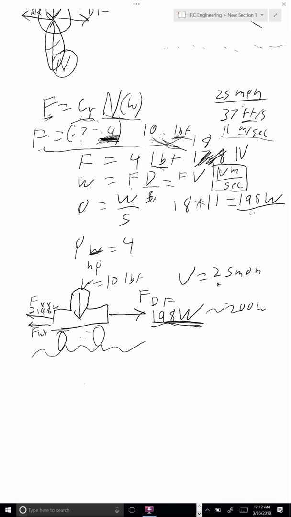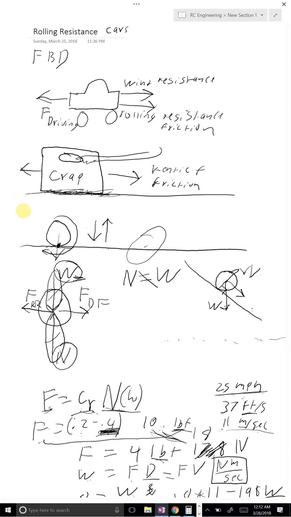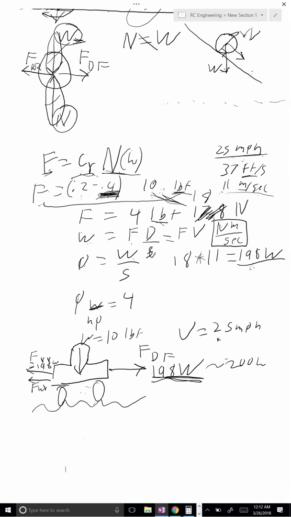Alright, so this has been Steven from RC Engineering. I hope you guys enjoyed this video where we're back on the tablet with the stylus. We talked about rolling friction, one of the big things to counteract in cars. And hopefully next week we could go and look at the wind resistance, which is huge. Wind resistance is seen in pretty much every vehicle that you could ever build that will go fast, except for obviously something that's in space.